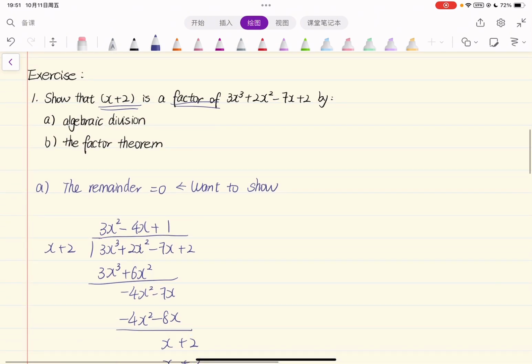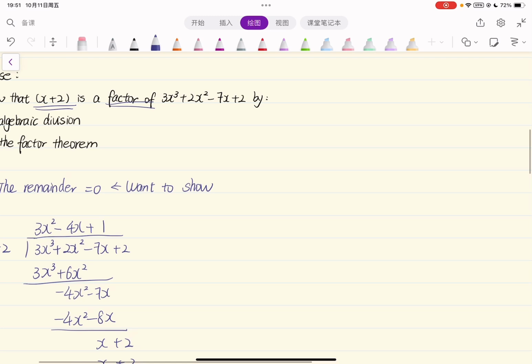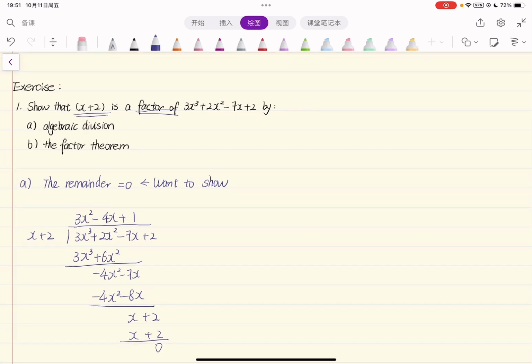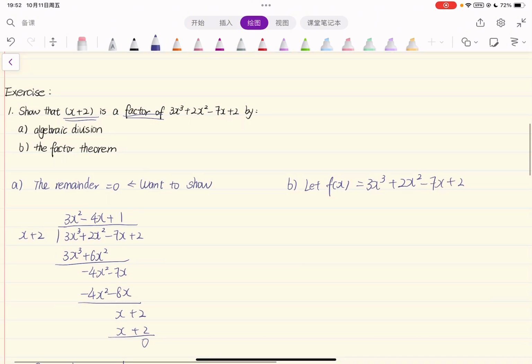Now let us see how to use the factor theorem. According to the factor theorem, let f(x) equal 3x cubed plus 2x squared minus 7x plus 2. We have the value p equal to minus 2, which means we want to show that f(p), that is f(minus 2), equals 0.